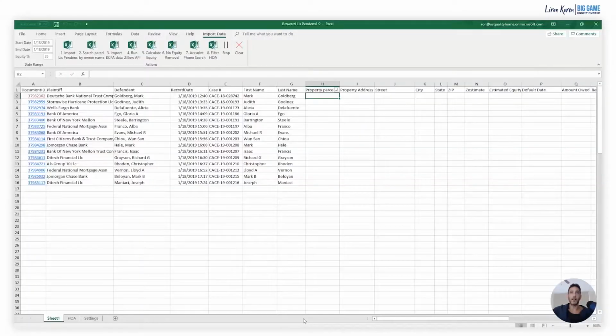As I said, there are two pieces of information that we want to find out, especially if it's not written in the lis pendens, which is the property parcel ID. The importance of the property parcel ID to me is that from here I can get all the information from the property appraisal.